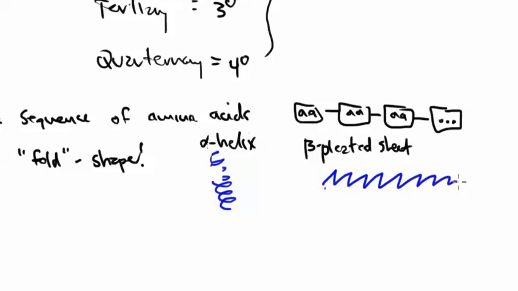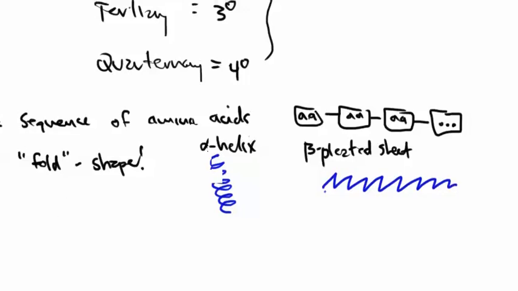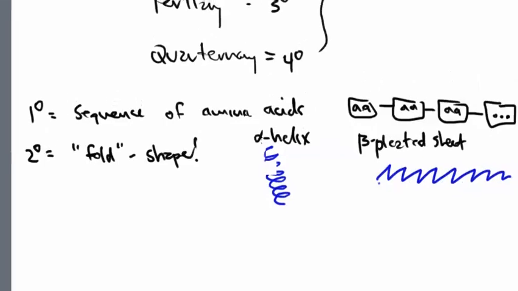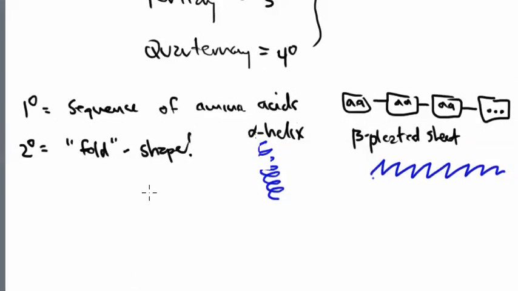If you want to think of it that way, imagine you taking a sheet of paper and imagine you folding it into an accordion. So that is what a beta pleated sheet is. Typically flat, there's some creases in it, you're making these pleats, you're making these folds, and that is what happens with beta pleated sheet. So these are the two of the secondary structures that we're really going to be focused on during the lecture.